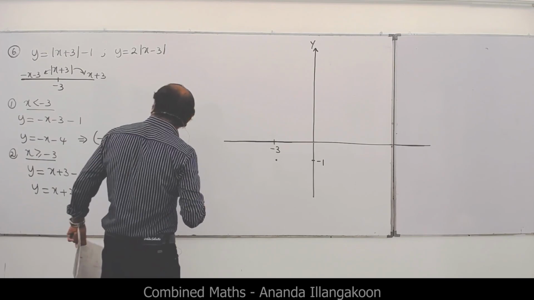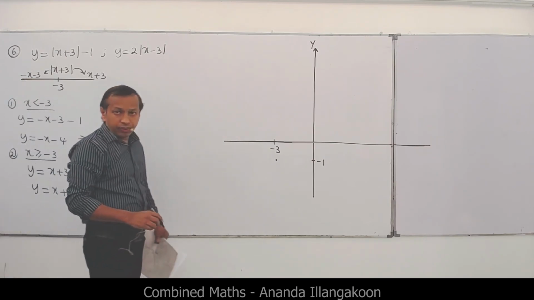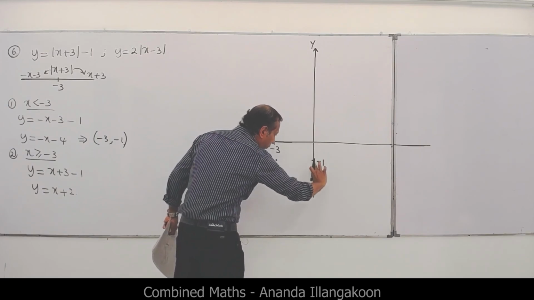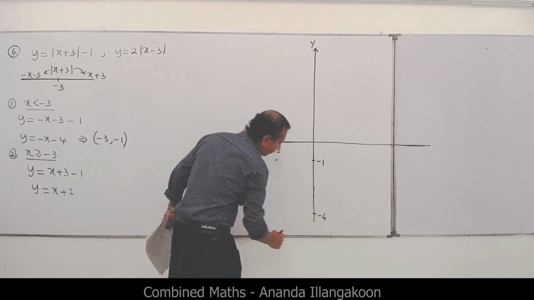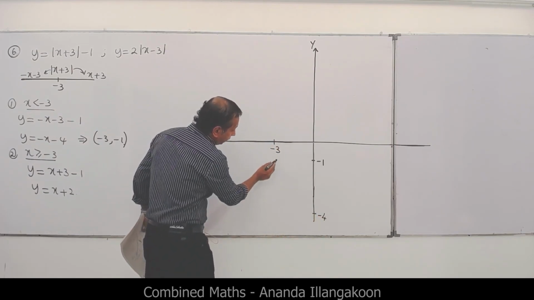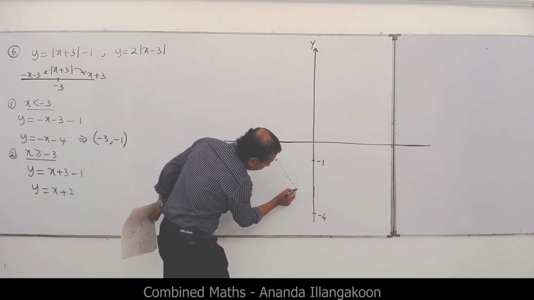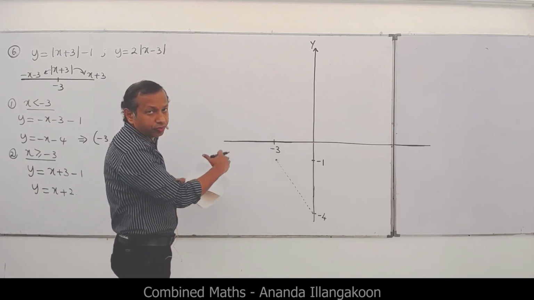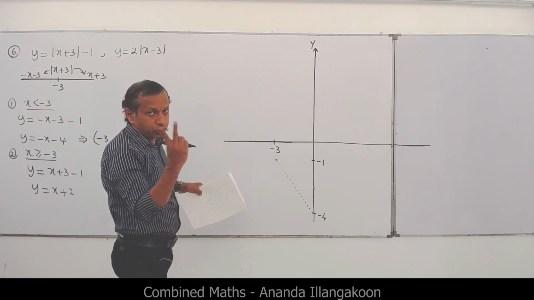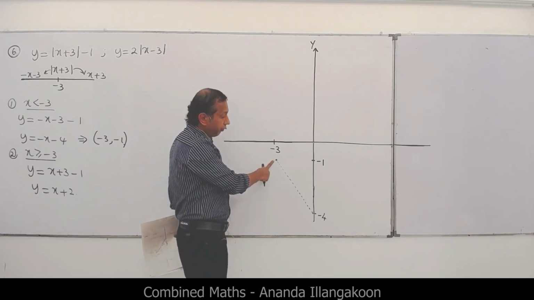That graph has the intercept minus 4. Then for minus 4 we can take 1, 2, 3, 4, somewhere here. Then this point and this point we have to join. We draw that by a dotted line, because the graph we must draw is on the left of minus 3. To draw the straight line we need 2 points. One point we found by putting x equals minus 3, y equals minus 1.